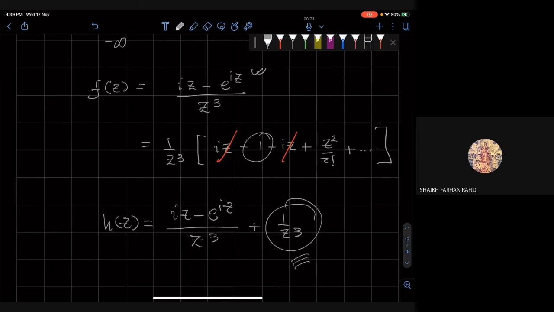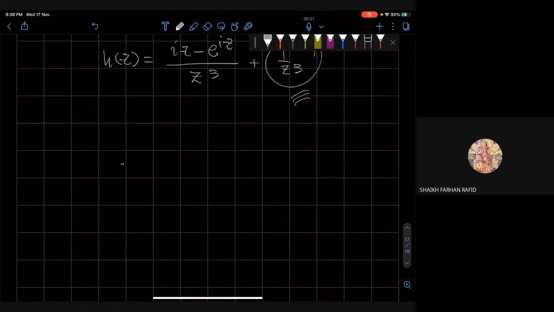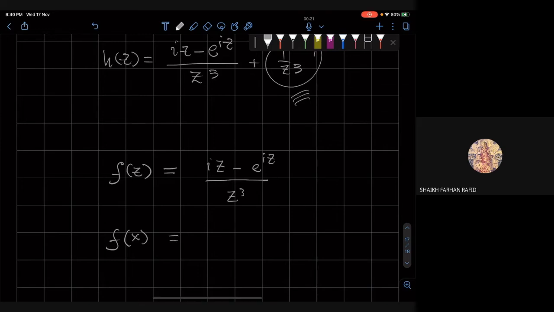So we chose a function, f of z. Now if I evaluate this function on the real line, then I get i x minus e to the power minus i x, over x cubed, right?